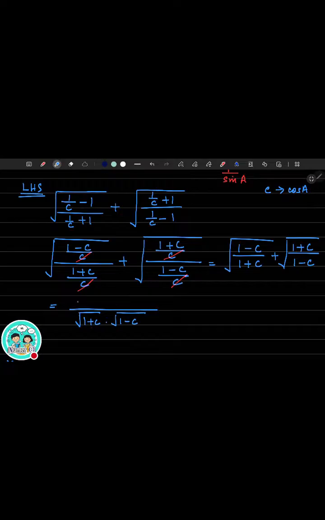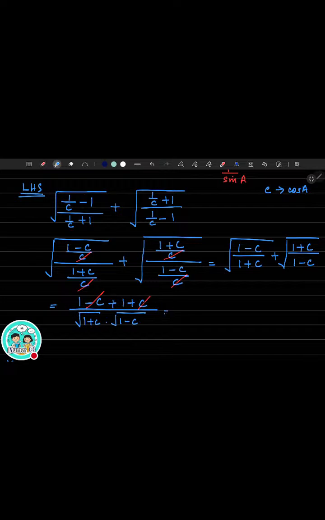In the numerator you will have root of 1 plus cos multiplied by what will give you this product? It is root of 1 minus cos multiplied by root of 1 minus cos, which is just 1 minus cos. So this is 1 minus cos A plus 1 plus cos A. Minus cos plus cos gets cancelled.